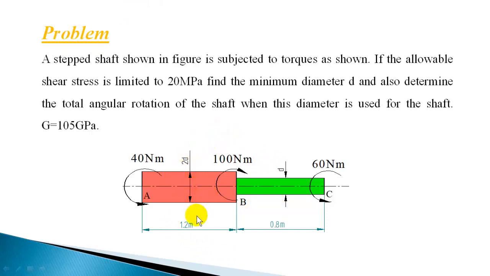Torque acting in the first section, by considering the forces on the right side, we have plus 100, minus 60. So in the first section you will get plus 40. In the second section you will have minus 60, the anti-clockwise torque. If you take a section here, it is only minus 60. So you are getting the torques in both sections, AB and BC.